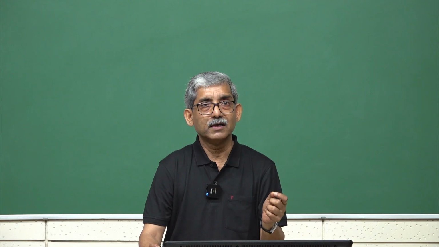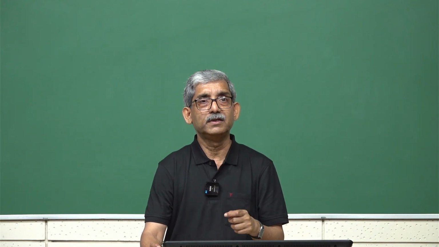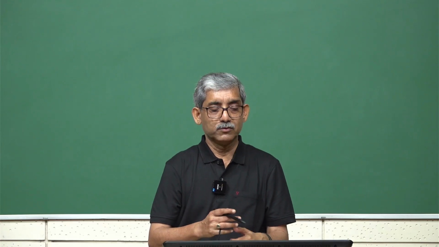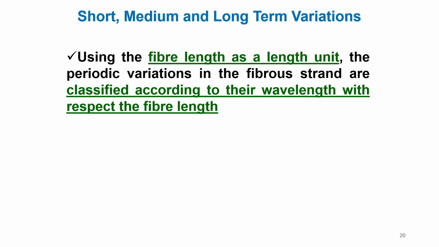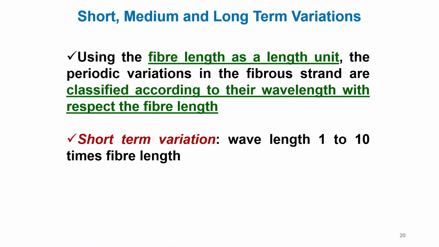and based on the length of the periodicity, it is further divided into three classes. So, using the fiber length as the length unit, the periodic variation is classified according to its wavelength. If the wavelength is 1 to 10 times the fiber length, then we call it short term irregularity.